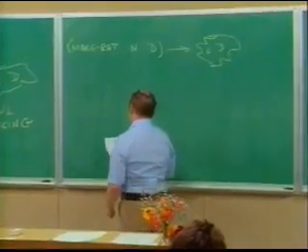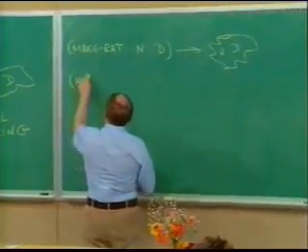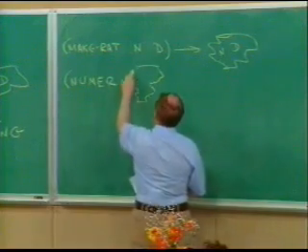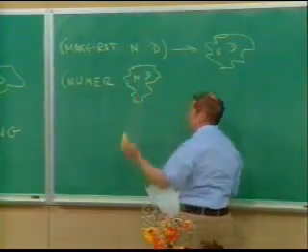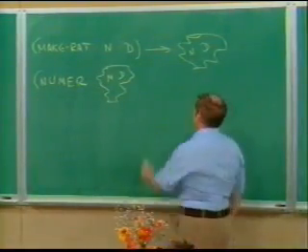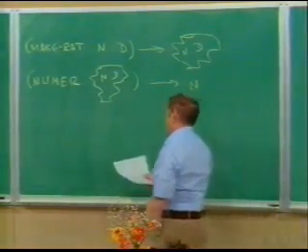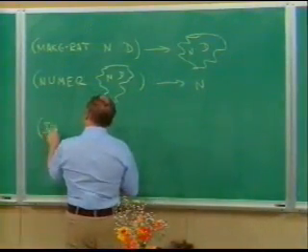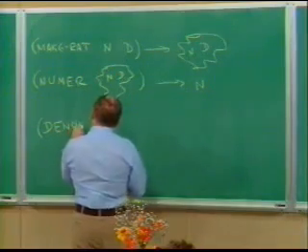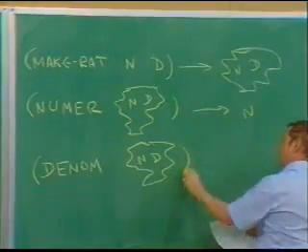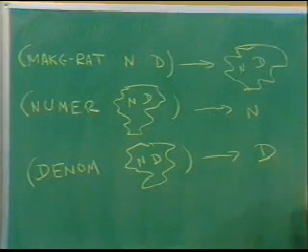Then we're going to say, suppose we've got one of these clouds. We have a procedure called numer, which takes in a cloud that has an n and a d in it, whatever a cloud is, and I don't know what it is, and returns for us the numerator part. And then we'll assume we have a procedure denom, which again takes in a cloud and returns for us the denominator part.